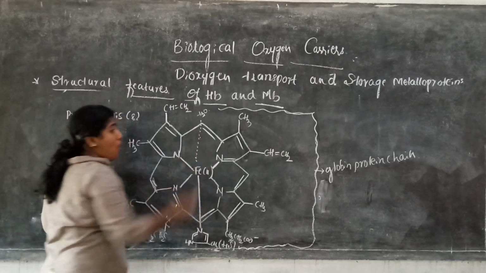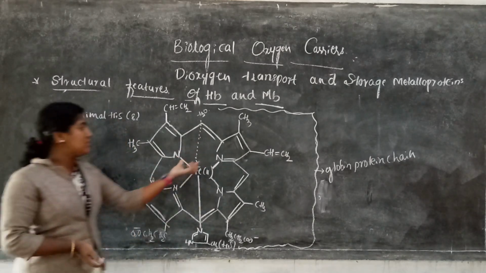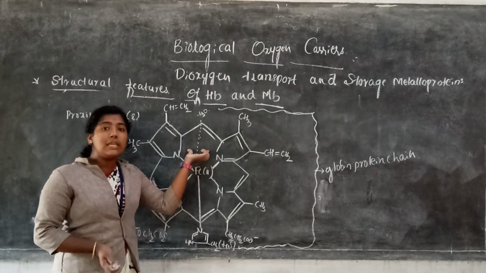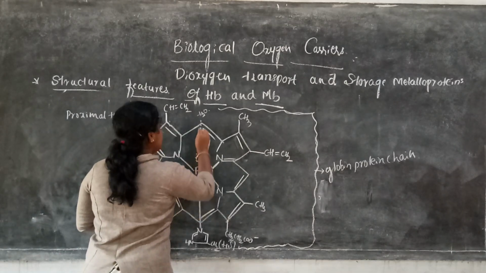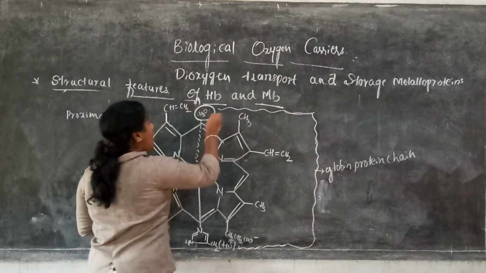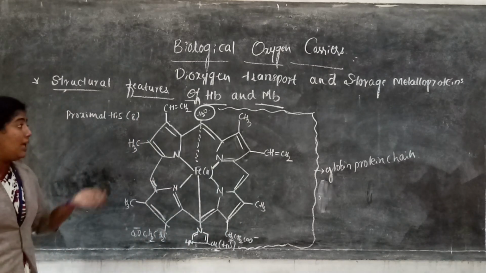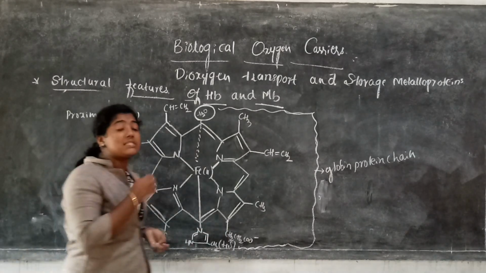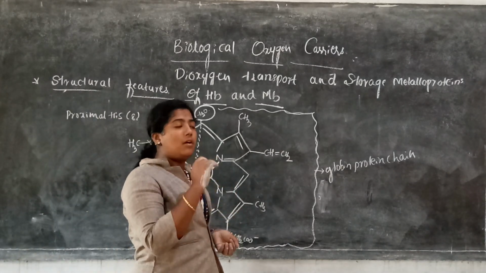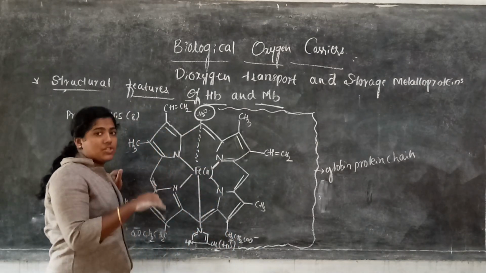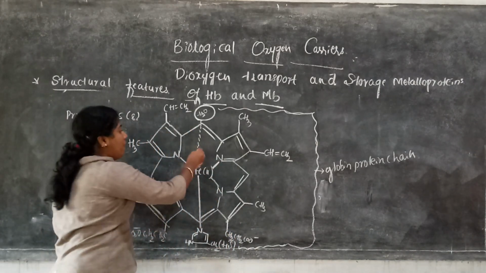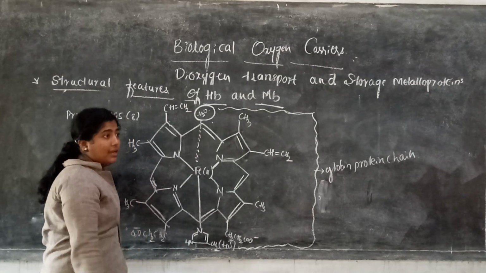Before going to oxygenation, the sixth coordination site is weakly bonded to a water molecule, or it is sometimes vacant. This vacant site is where dioxygen binding takes place.